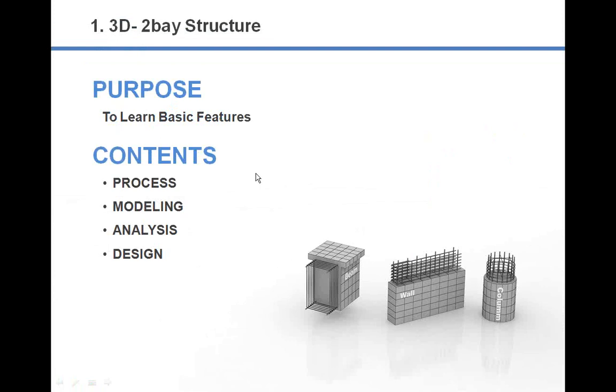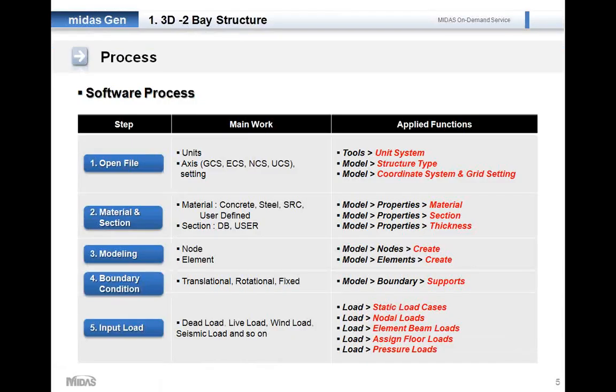The first chapter, the purpose is to learn basic features with 3D 2-way structures. In the practice example, I will introduce the entire step from the modeling to interpretation of the analysis result. This is the process of Midas Gen. I will follow this process as well for today.